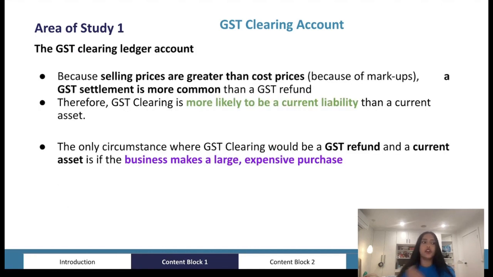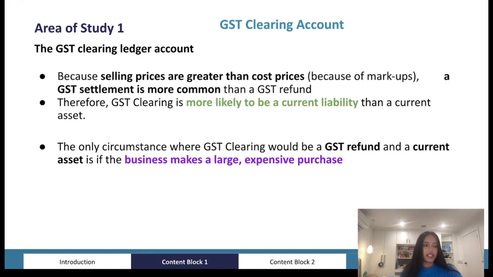However, it's important to note, because businesses use markups, the business's selling prices are higher than the cost prices. This is necessary for the business to make a profit. However, this also means that it's much more likely for a GST settlement to occur rather than a GST refund.